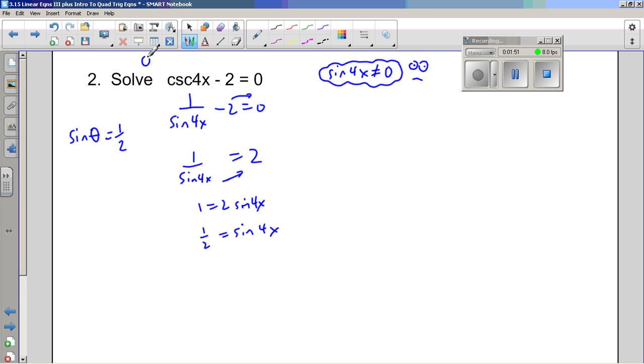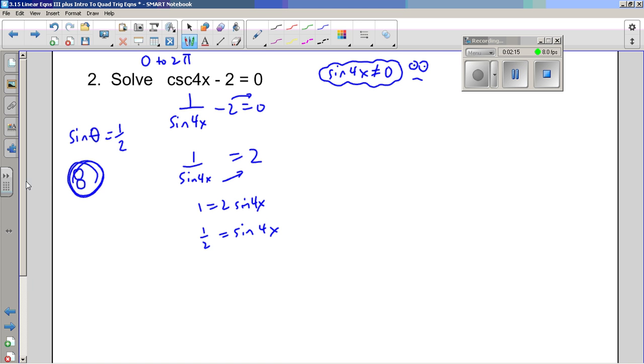So how many solutions is this going to have? Because it's a horizontal compression by a factor of 4, the period is 2 pi divided by 4. So I should have 8 solutions. I already think about that even at this stage.